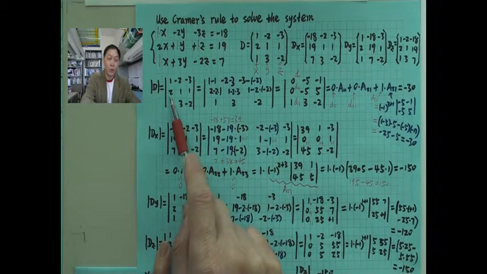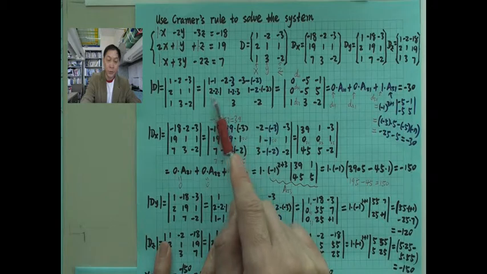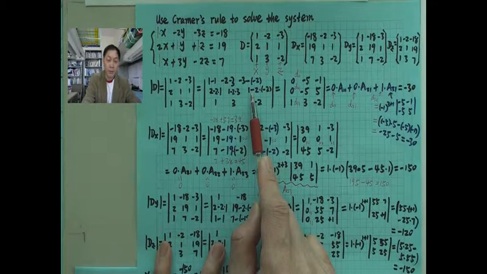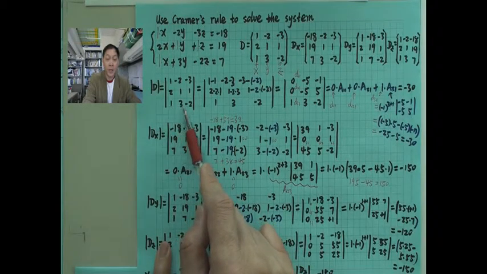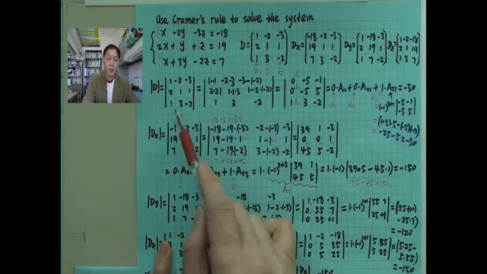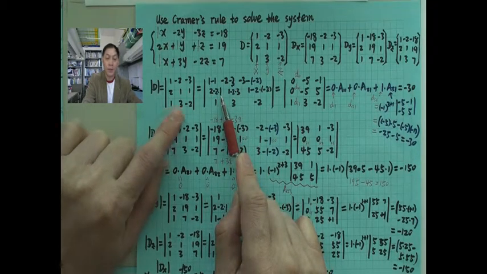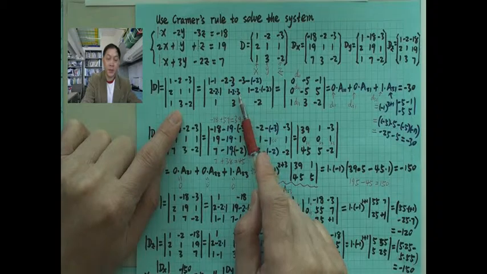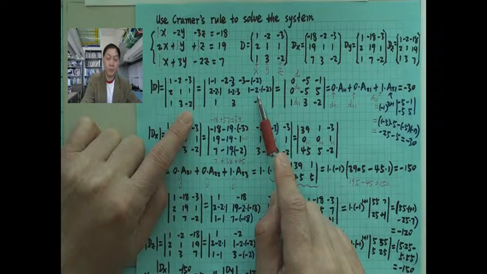Now, what is this? This is what? Row 2, 2, 1, 1. You keep it. Row 2 minus row 3 times 2. This is what I did here. Now look. Row 3 times 2, you have a 2 times 1. And then row 3, 3 here times 2 right here. Okay? And then negative 2 was here times 2.